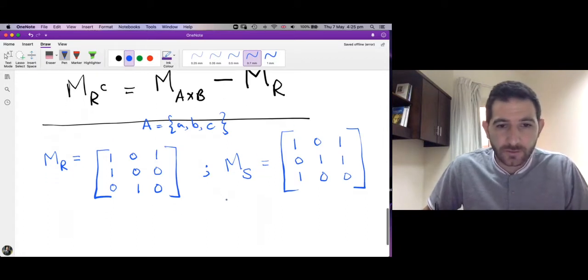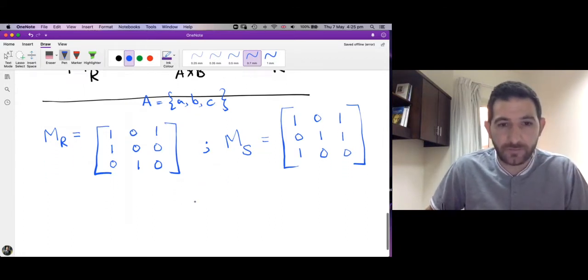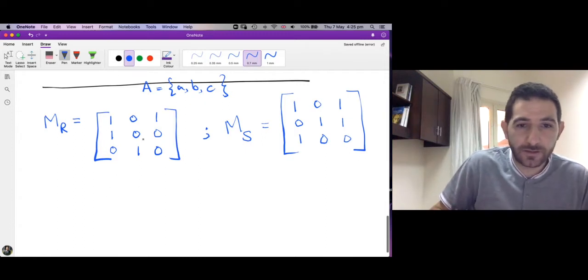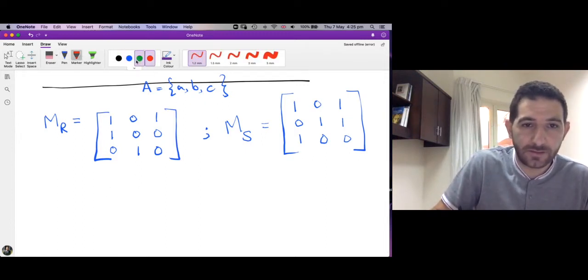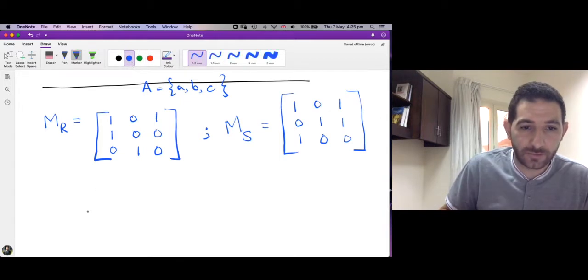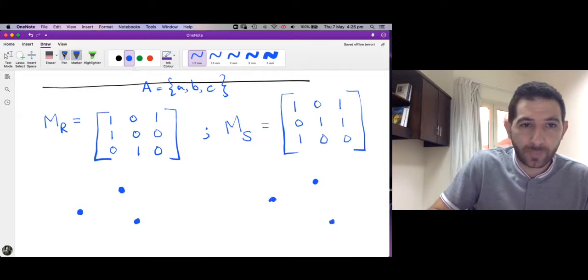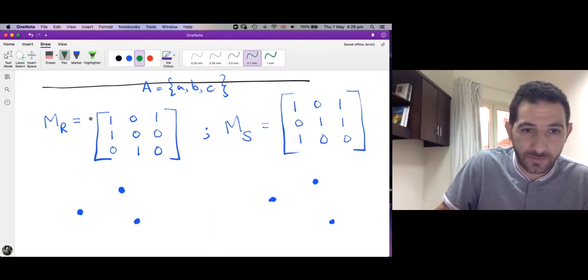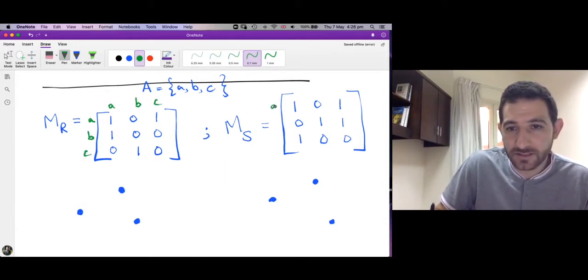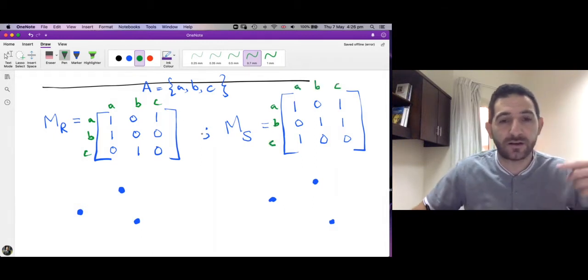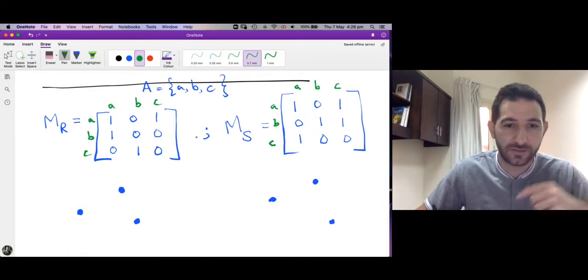Okay, so what do we want to compute? We have 3 elements, A, B, and C, and here we have A, B, and C. Now this is R. This row represents the element A, B, and C, and the columns are A, B, and C. Notice R and S are relations on A, which means from A to itself.